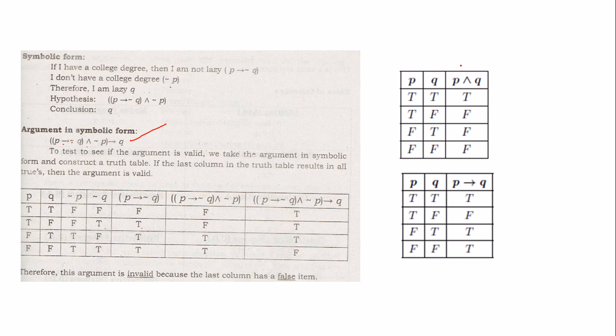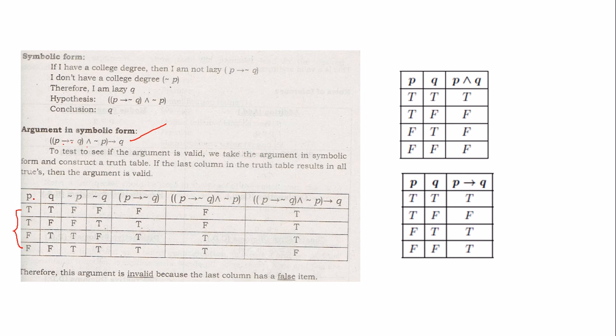I did not write the negation because I think it is easy for you to negate the truth values. We only have two propositions, so 2 to the 2 is 4, that is why we have 4 rows.